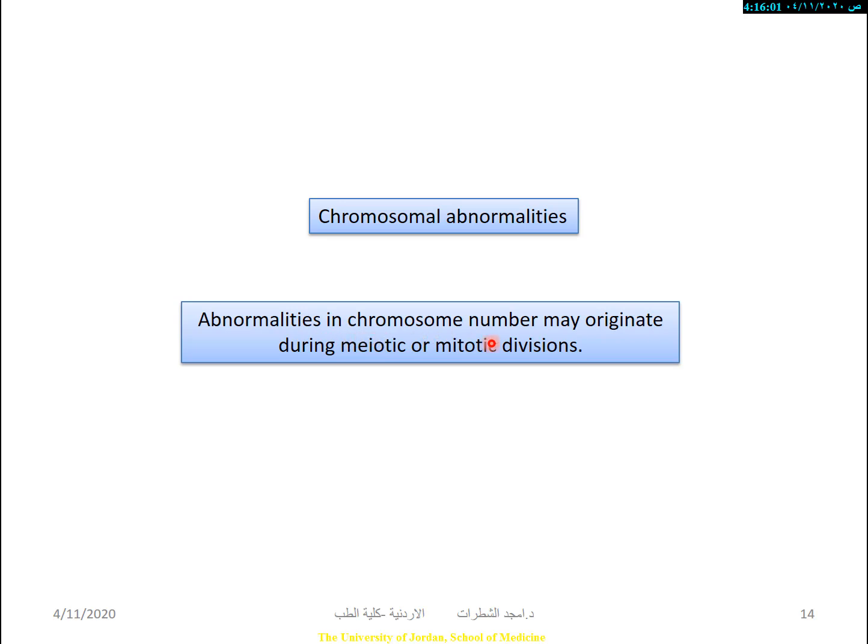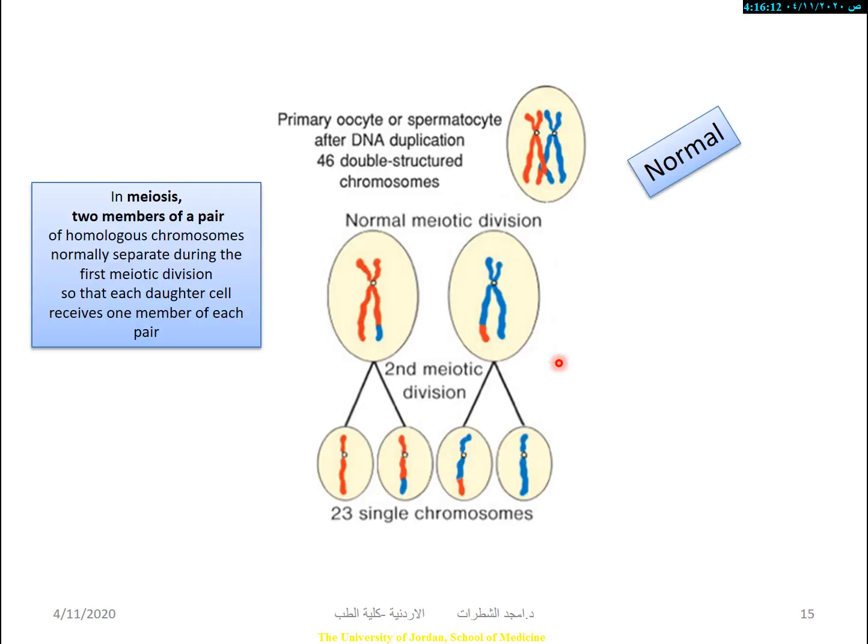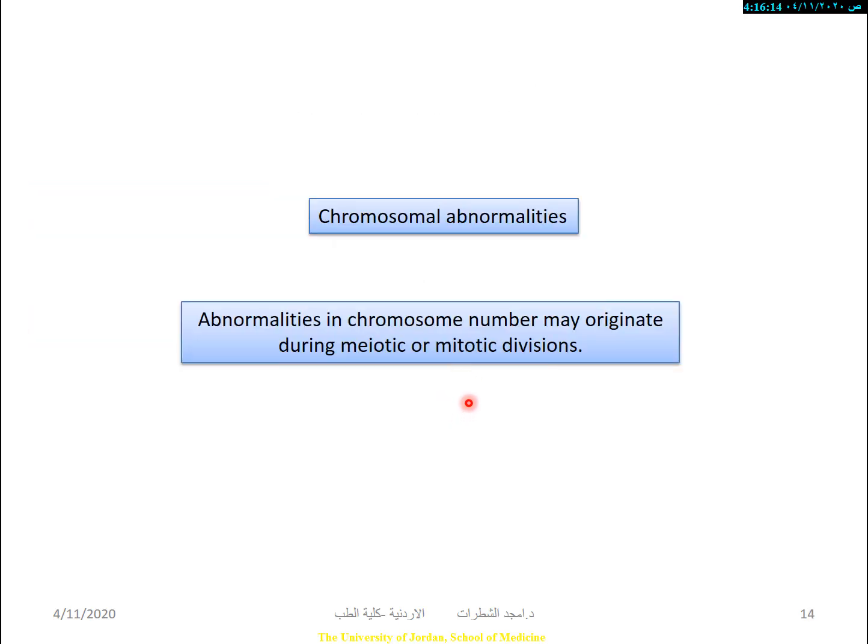abnormalities in chromosome number may originate during mitotic or meiotic divisions. So I have to say that here we are talking about the process of mitosis.